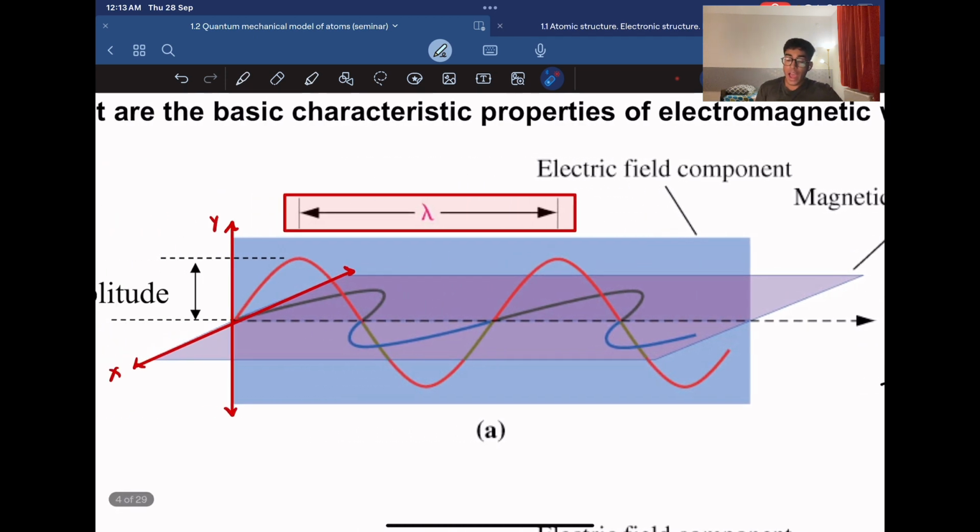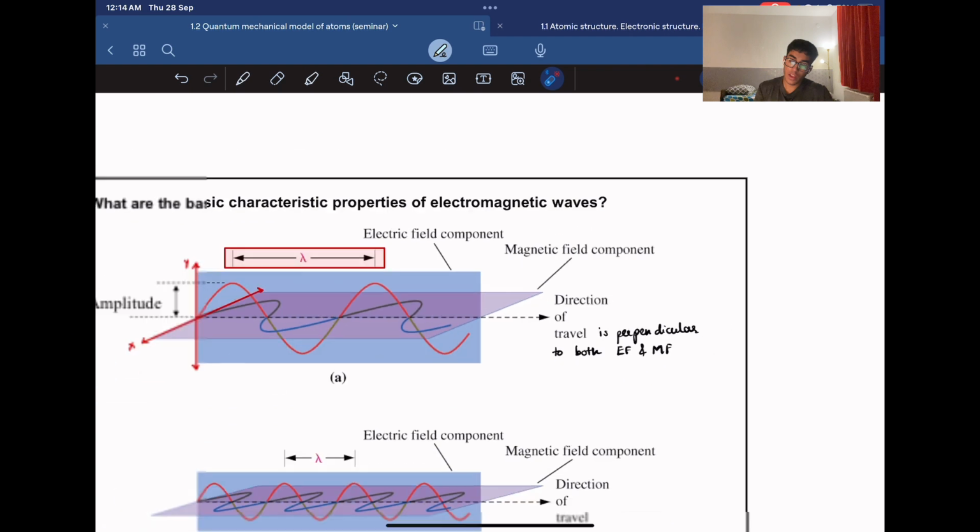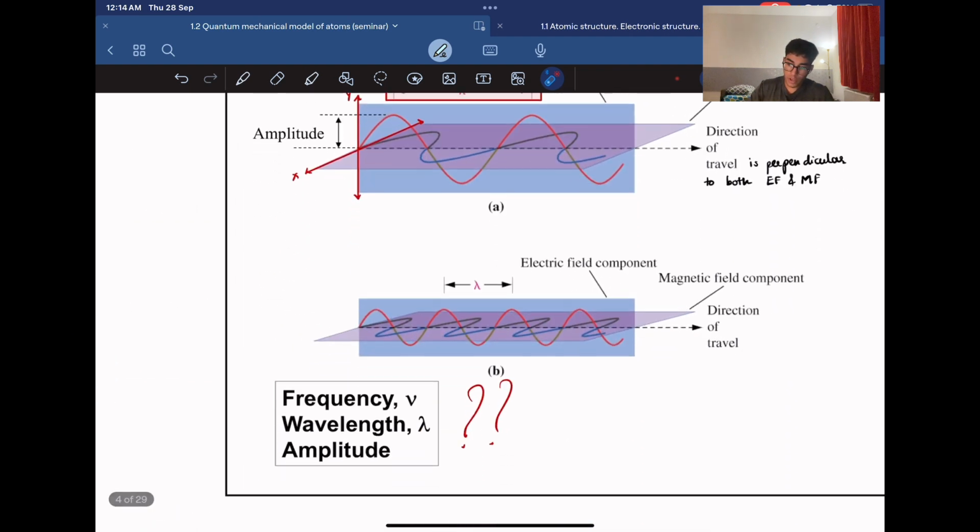The direction of propagation is perpendicular to both of the fields, electric field and magnetic field. All these 3 components, the magnetic field component, electric field component, and the direction of propagation, are all mutually perpendicular. I just wrote that down for you.